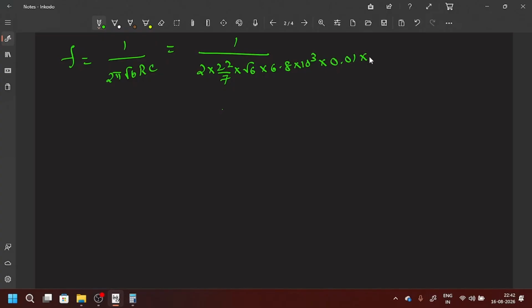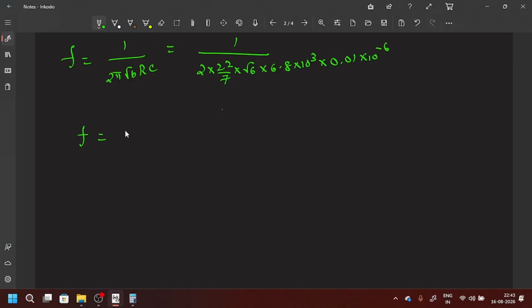So yes, this time I'm going to use my phone calculator. So f is equal to 1 by 2 pi root 6 RC, which is equal to 1 by 2 into 22 by 7 multiplied by root 6 multiplied by 6.8 into 10 cube multiplied by 0.01 into 10 to the power of minus 6.